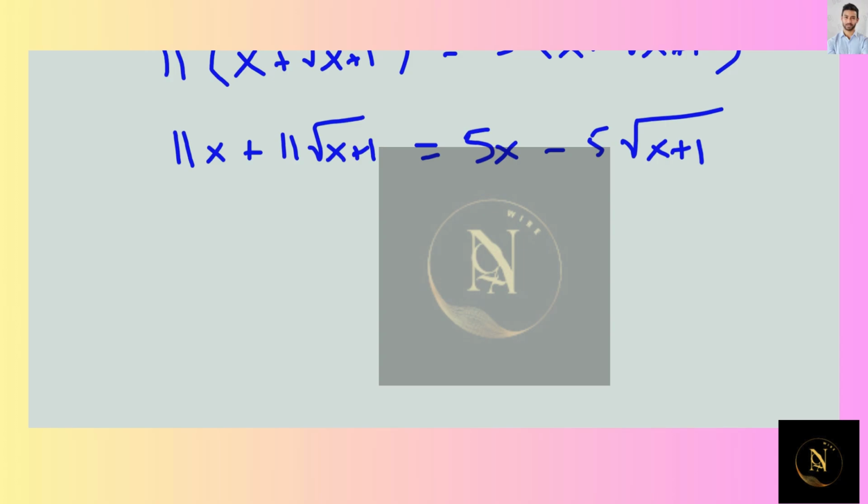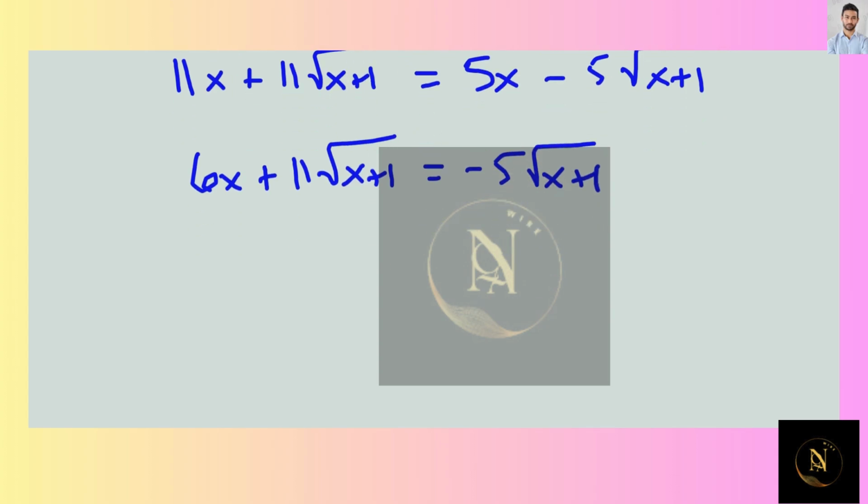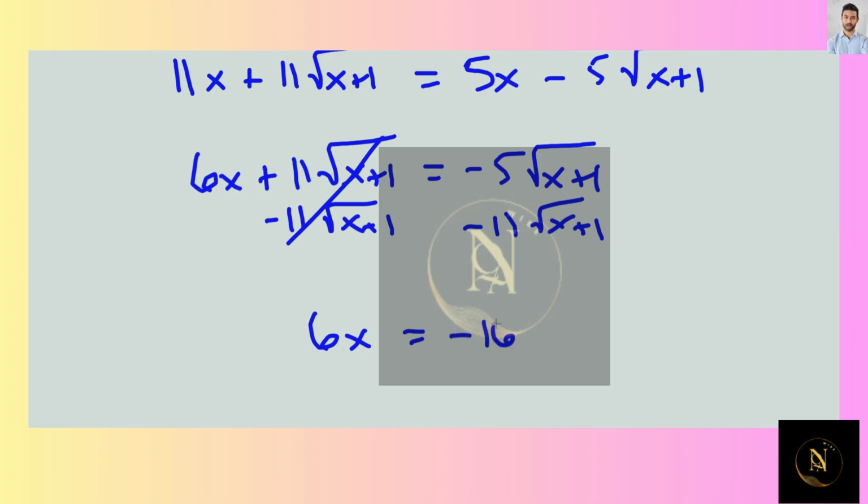Now we could subtract 5x from both sides, and we'd get 6x plus 11 times the square root of x plus 1 equals negative 5 times the square root of x plus 1. We could then subtract 11 square root of x plus 1 from both sides, and we'll get 6x equals, we can combine those like radicals, negative 16 times the square root of x plus 1.